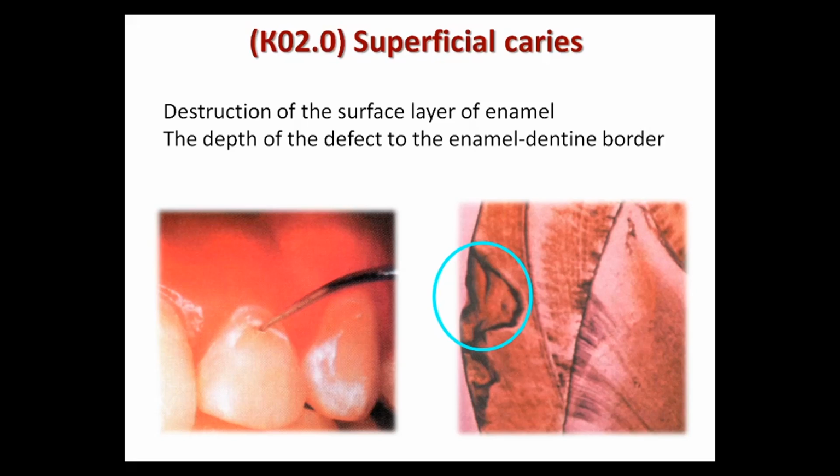There is destruction of the surface layer of enamel and the depth of the defect reaches the enamel-dentin border, till the border, not penetrating to the dentin, only in the enamel.